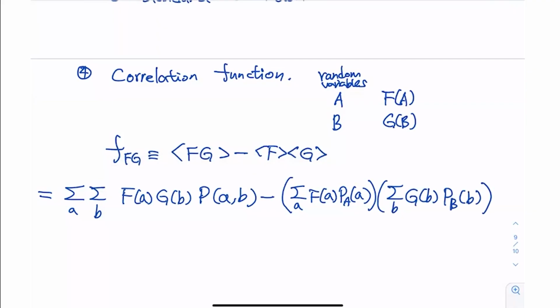So that's the definition of a correlation function for two random variables.